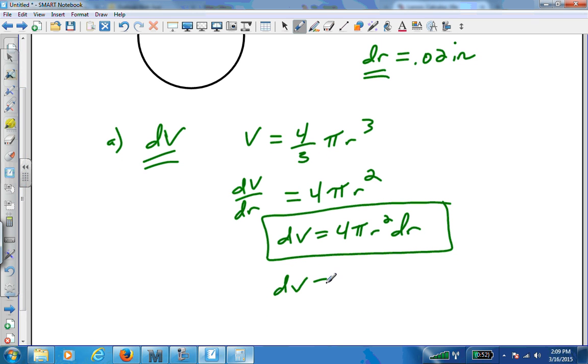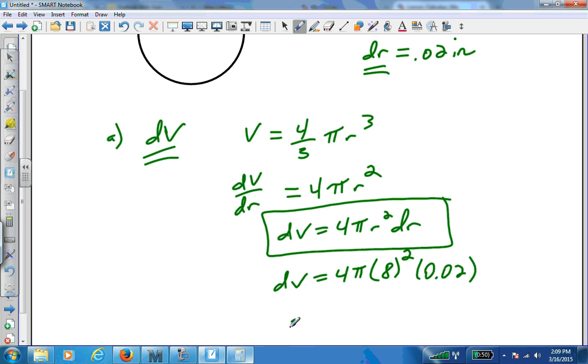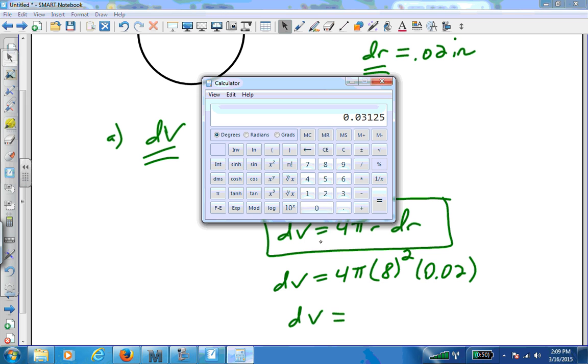So dv is 4 pi. The radius is measured to be 8. That gets squared, times 0.02. So 4 times 64 times 0.02 is 5.12.